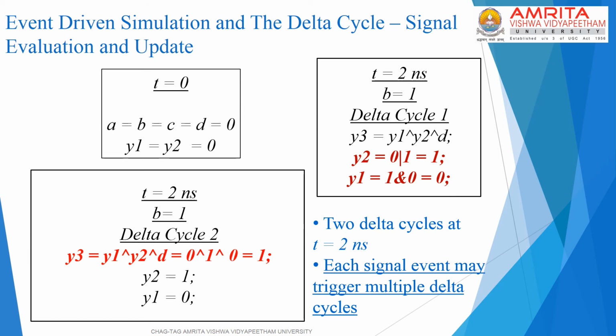This is how an HDL simulator works, based on the signal values that are either forced through the option available in the tool, or the values assigned through a test bench.